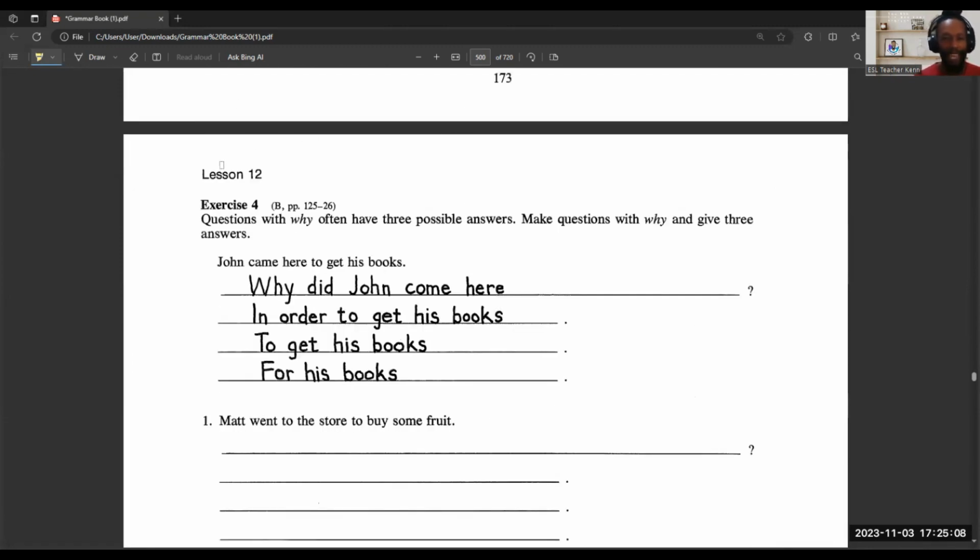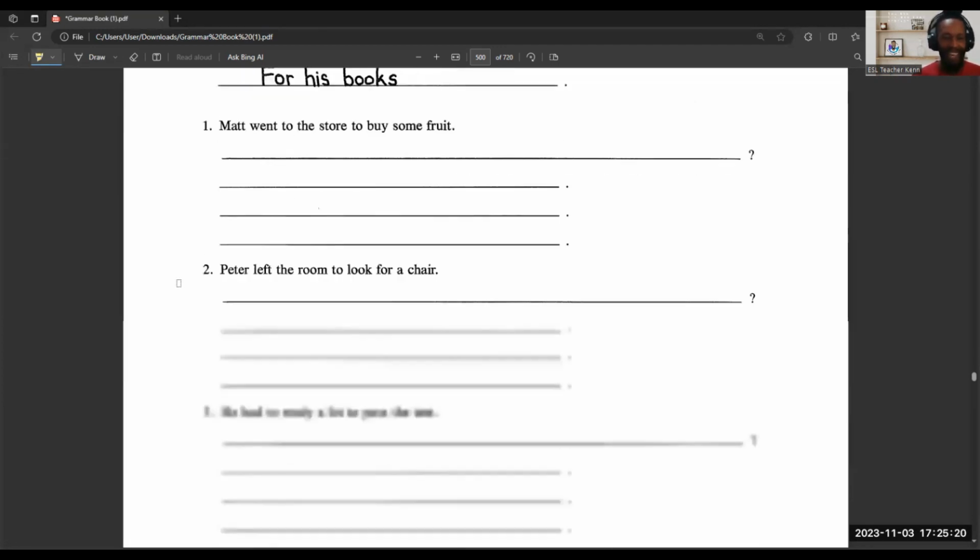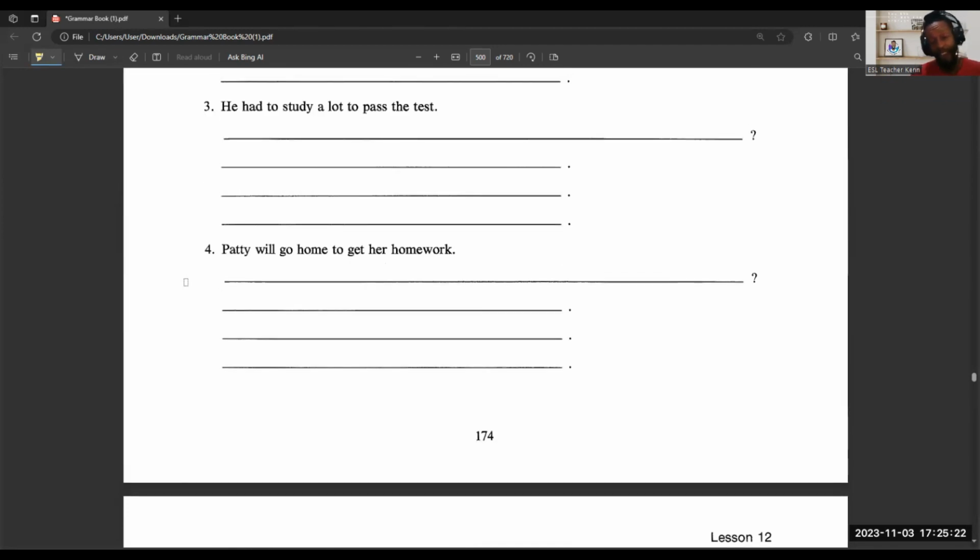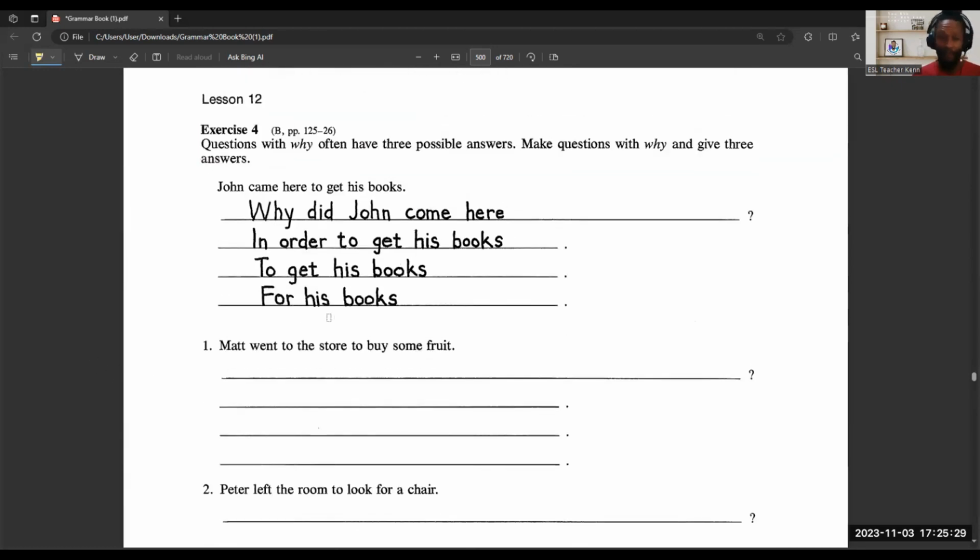Here, that would be exercise 4 in lesson 12 of your English sentence practices book. I'm leaving the pages in the notes. And in the physical book, it's page 174. You can start there and you can see the example that is right here. It's making a question with why, and you are answering with in order to, and for.